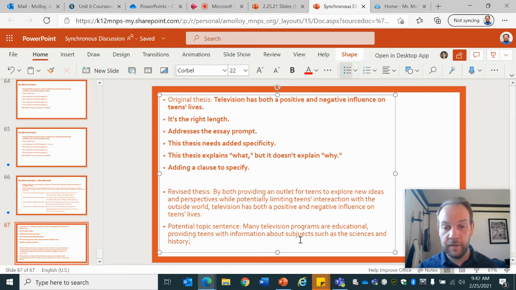So that could be one topic sentence that supports this idea of teens exploring new ideas and perspectives.